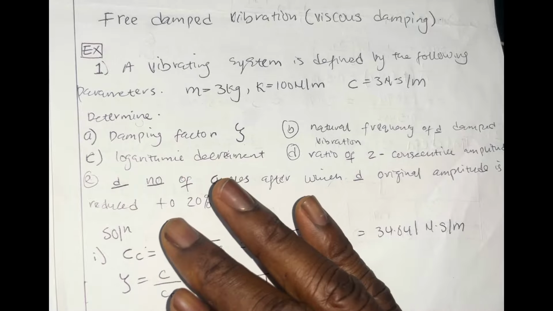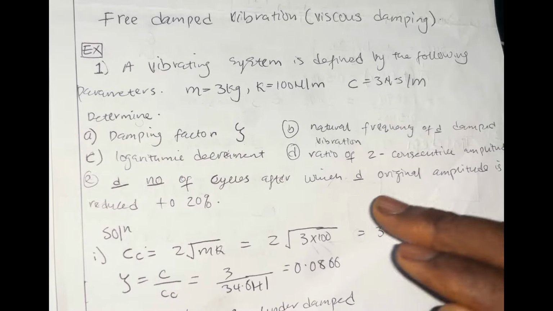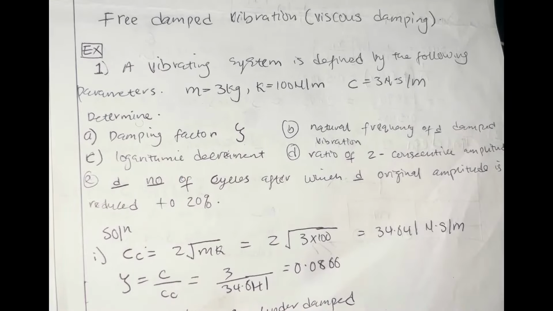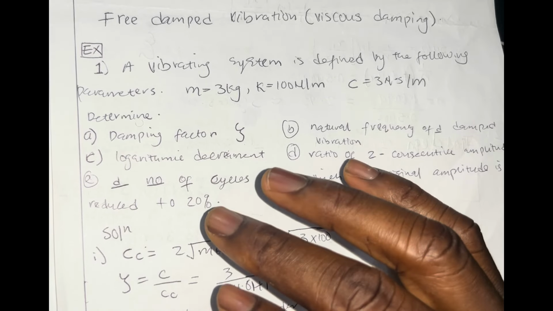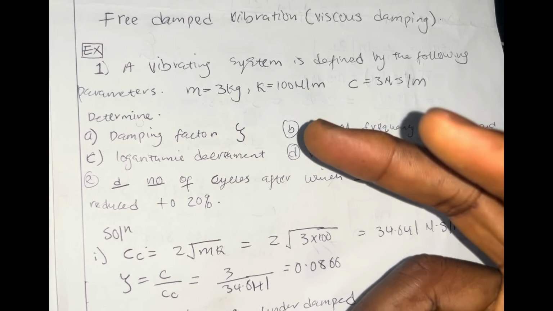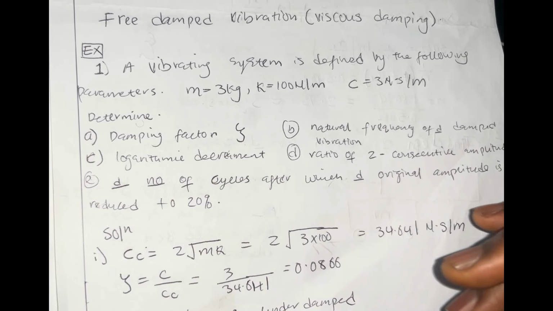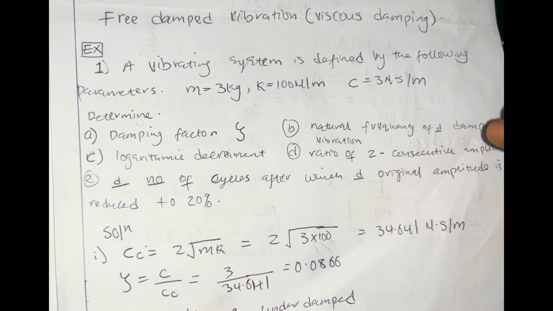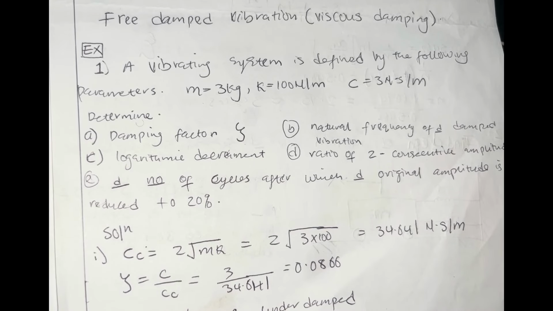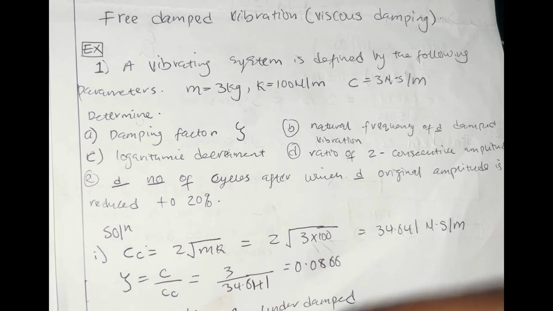We're also to get the number of cycles after which the original amplitude is reduced by 20%. This question indicates that x2 would be 0.2 of x1. I hope that is obtained. So as we move, we'll see it.